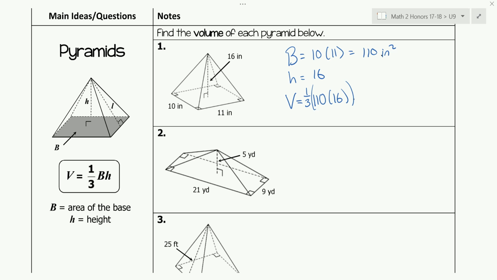I get 1760 over 3, and that's cubic inches. So that would be as much as you can do for an exact answer. And then for approximating that, you can use your calculator, divide that by 3, and get 586.7-ish.